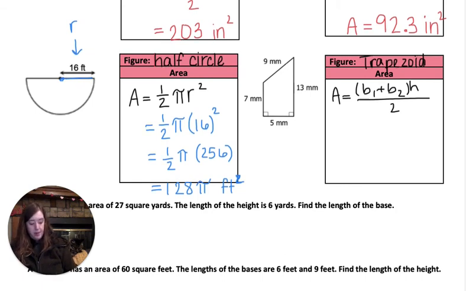So remember, my height is always perpendicular to my 2 bases. So what might help is turning your head and looking at it like that. This guy is actually going to be our height, that 5. 7 is going to be one of our bases. 13 is going to be another base. 9 is not a base or a height, so we don't need him right now.